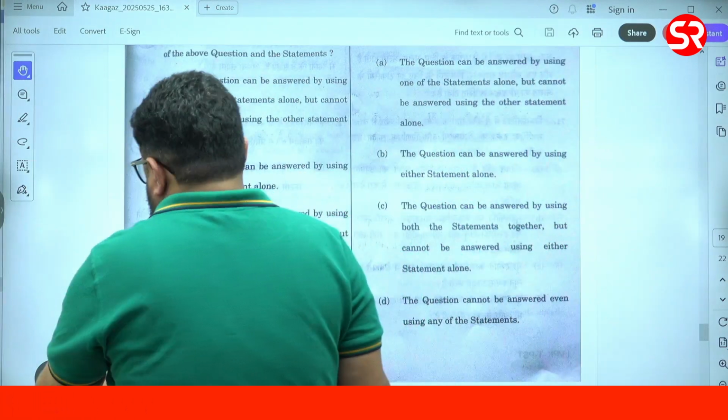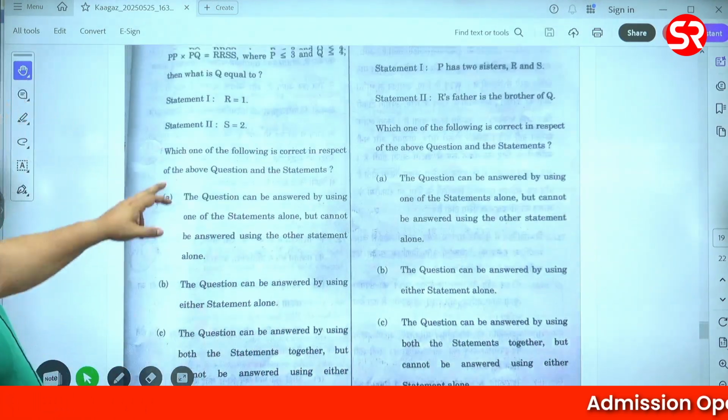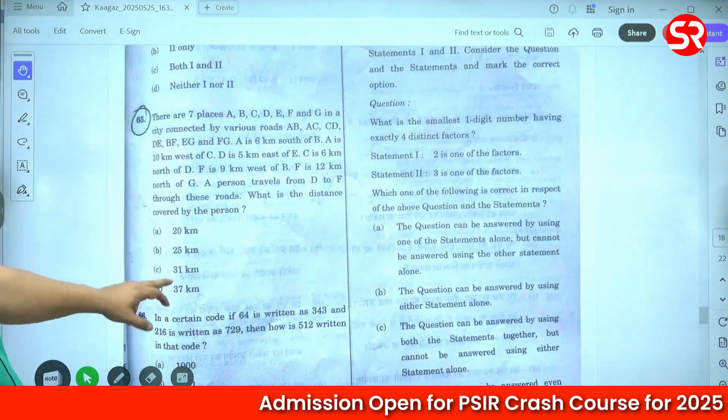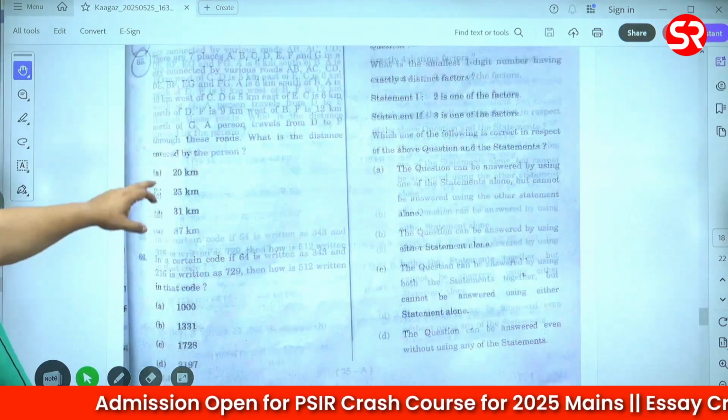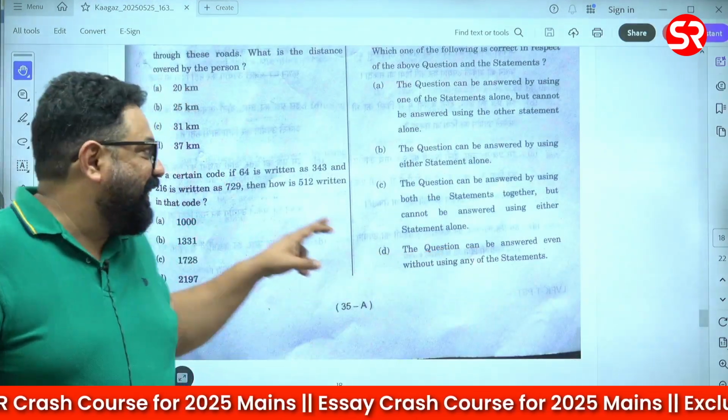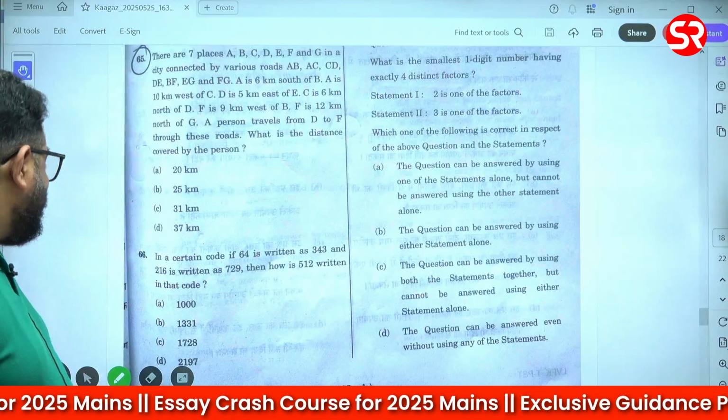चलिए, तो नेक्स्ट देखते हैं. Again, this is the question that can be answered without using the statements, right? Check करें, देखिए.